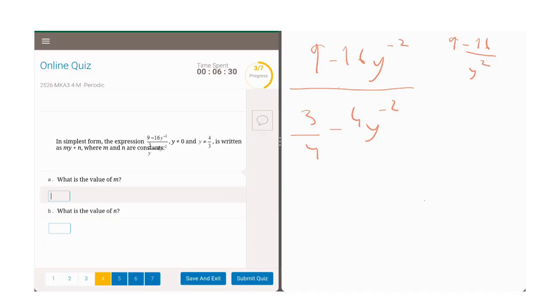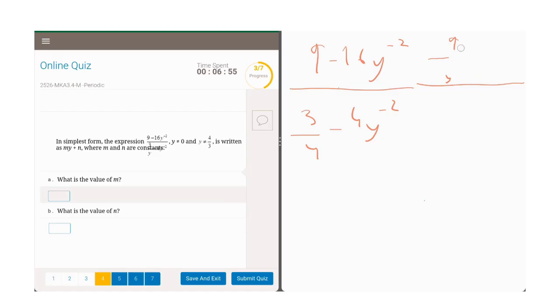We don't move it completely to the bottom fraction. We make 16 over y squared. And then we can do the LCD, 9 over 1 to become y power 2 as a denominator. You can multiply by y power 2. So we have 9y squared minus 16 over y squared.